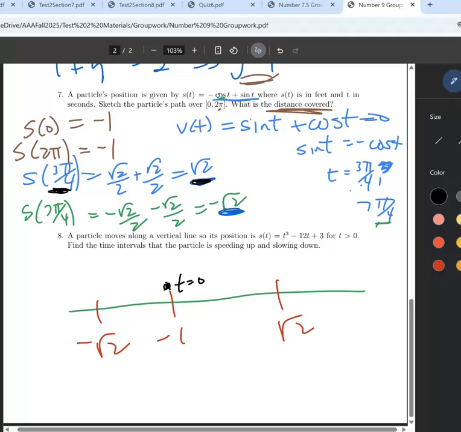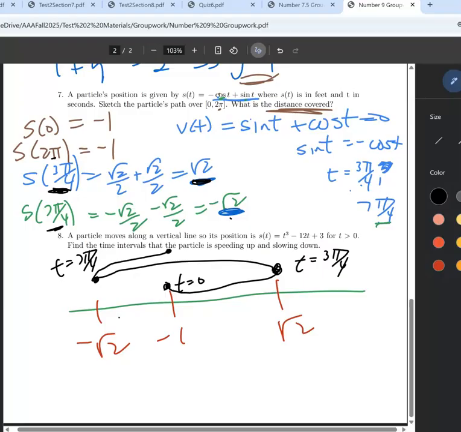So I move out to here, and I put the time of 3 pi over 4. Then I move to the next time, which is 7 pi over 4. So it's way back here. So t equals 7 pi over 4. And then finally, I move to 2 pi. So right here is t equal 2 pi.